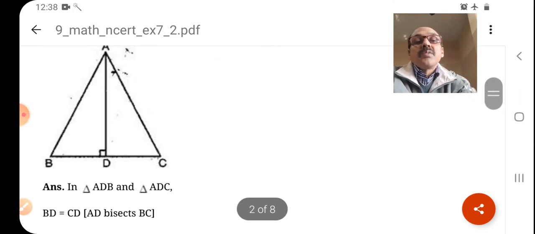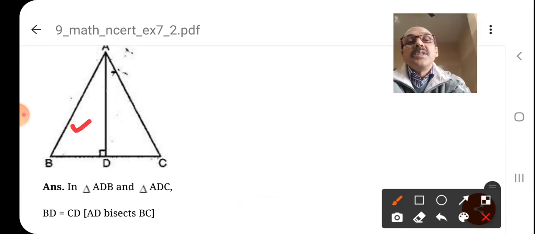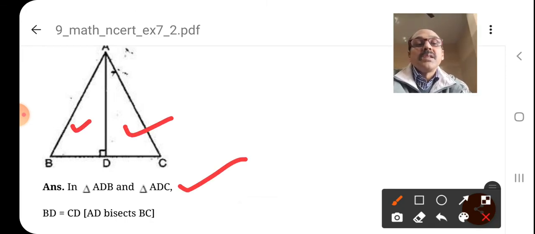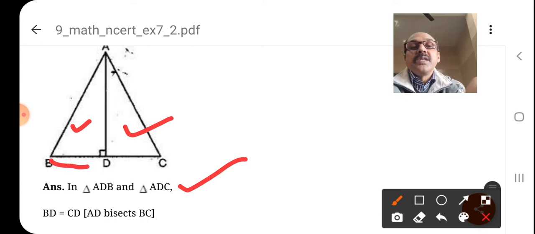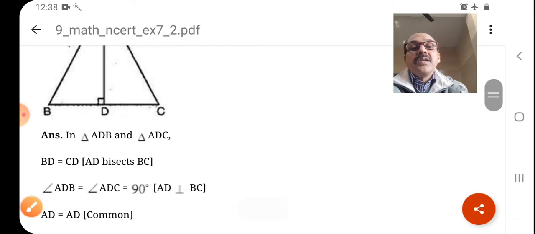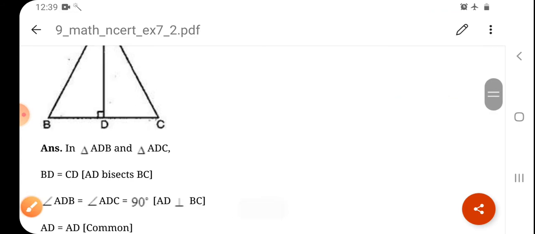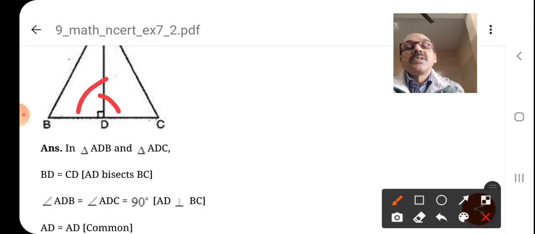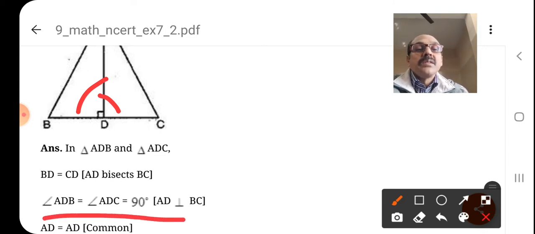Now, from these two triangles, ADB and ADC, it is given AD bisects BC, that means BD equal to CD, these two sides are equal. And angle ADB equal to angle ADC, it is given AD perpendicular to BC, so these two angles are 90 degrees.